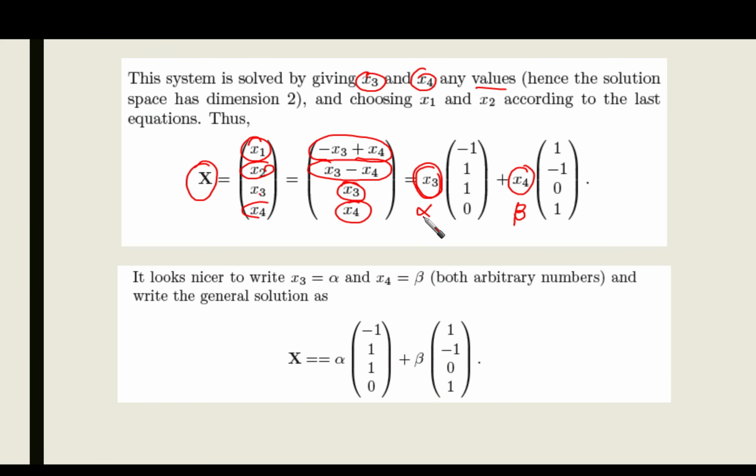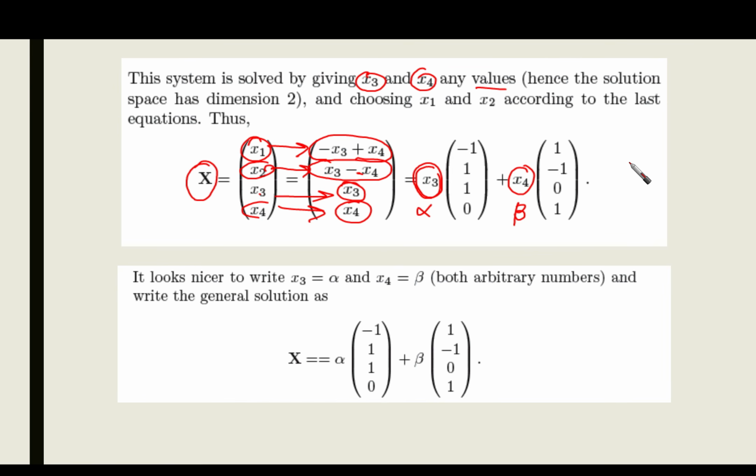So we are going to say that x3 times minus 1 plus x4 times 1 equals x1, which is the right thing. x1 equals these values. And the same for x2: x3 minus x4, so x3 plus x4 times minus 1. So it gives you x3 minus x4, and x3 and x4 are the same.